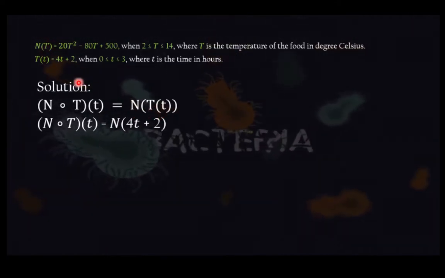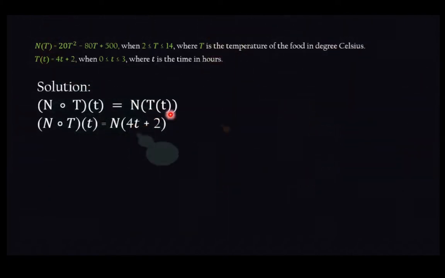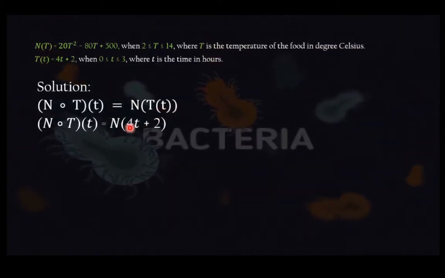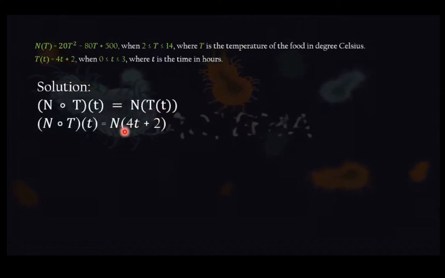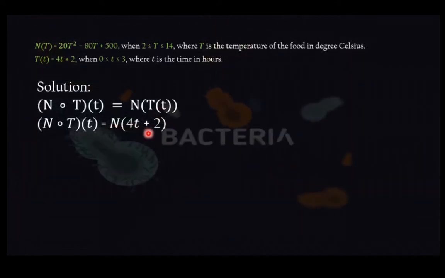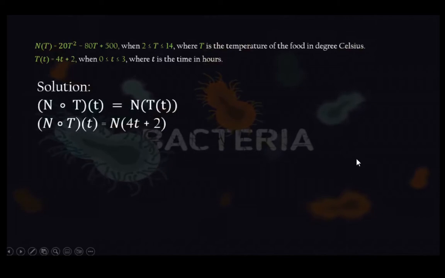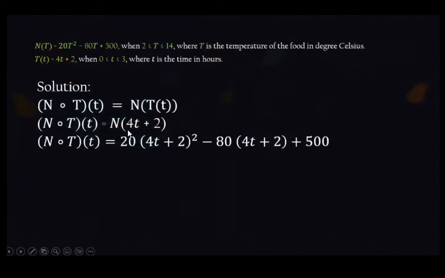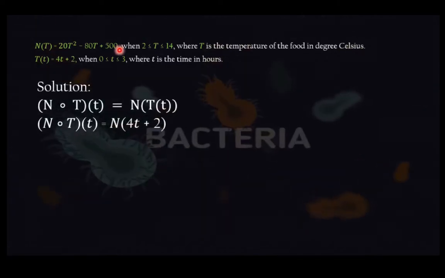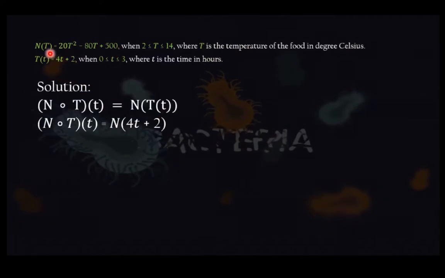That is the equation that we will place in T of t. So, we have 4t plus 2, which represents the input for the number of bacteria. Then after that, we will be using the equation in N of T.